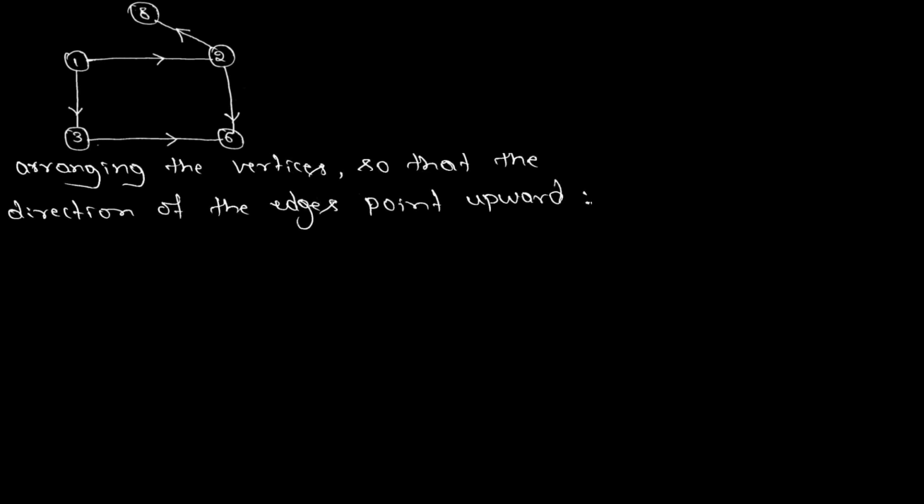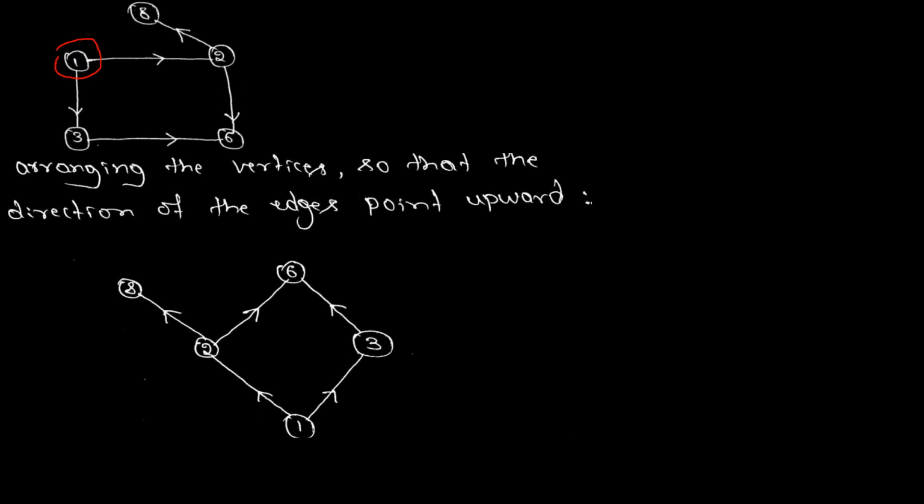I have taken the same digraph here, arranging the vertices so that the direction of the edges point upward. Yes, we can see the vertex whose in degree is 0 has been taken in the lowest place. Then the vertices which are adjacent to 1 we have taken to the next level.